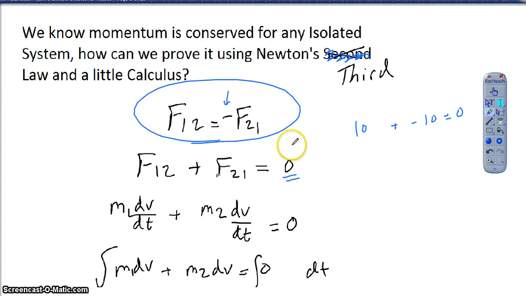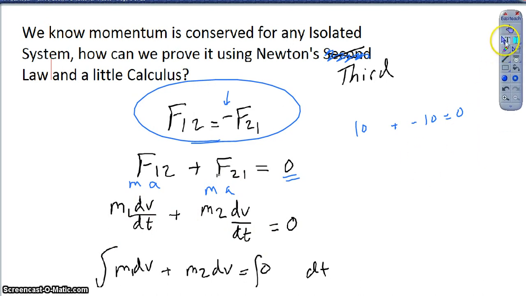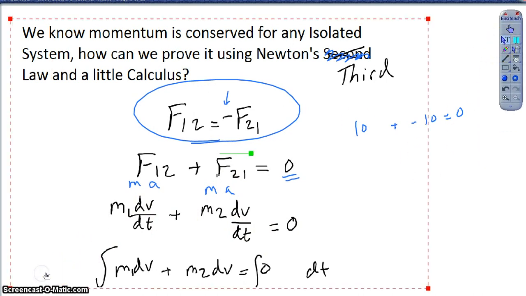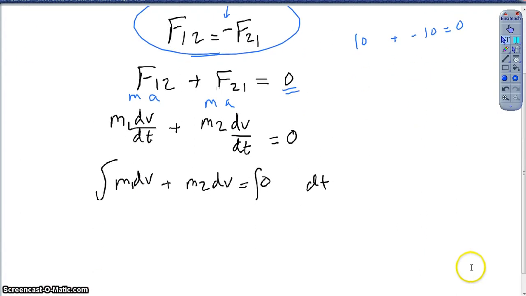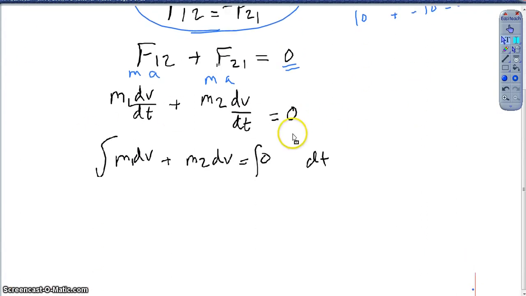So that's nothing new. Well, again, force is just mass times acceleration, and we know acceleration is dv over dt. So mass times acceleration, but I really know that each of those accelerations is just dv/dt. Then if I isolate the dt's, if I multiply by dt on both sides, that would get it off the bottom on the left hand side, and it would end up being a 0 times dt over here.